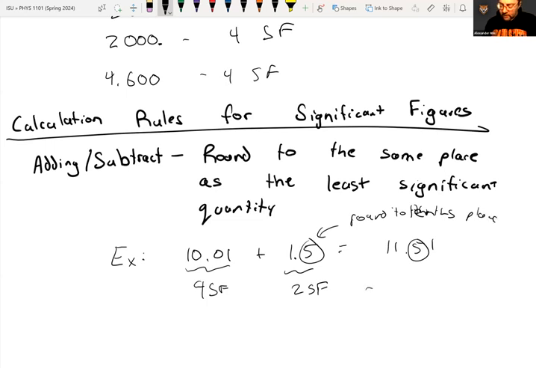And so we'd say this is equal to 11.5. Now I'm probably not going to dock you if you wrote that down as 11.51. Like I say, I'm not interested in being that much of a stickler, but that's basically how you do it.